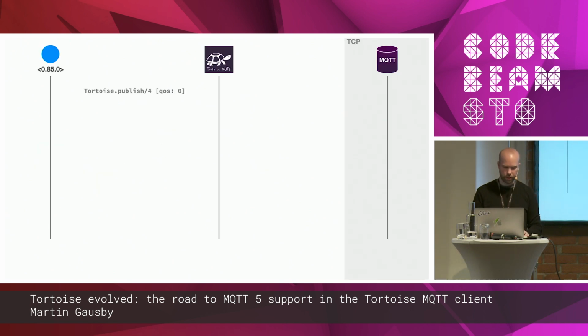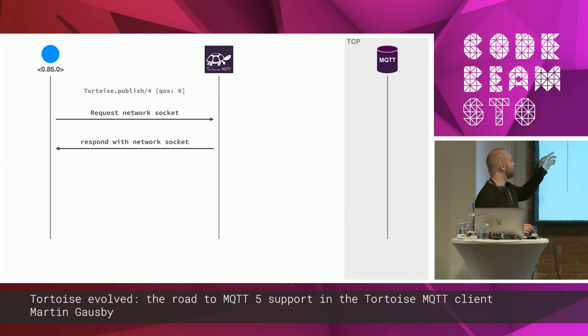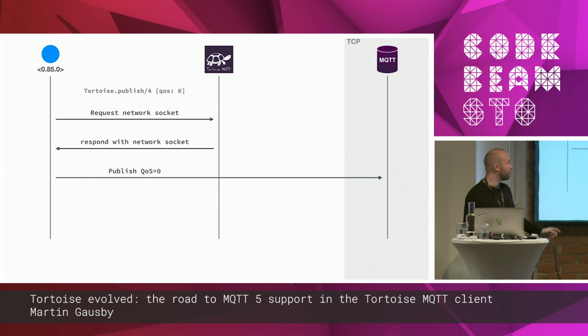So QoS 0, how would that work behind the scenes? When you run the Tortoise publish with a QoS 0, we will request a network socket, and then the Tortoise application will respond with that network socket, and then in our process we will encode the message to the MQTT format, and then we will send it directly.